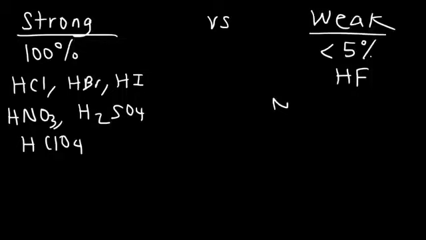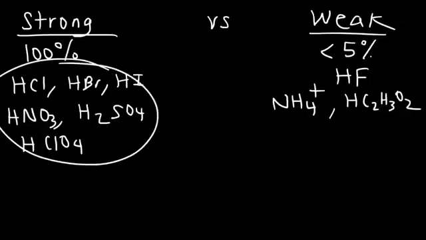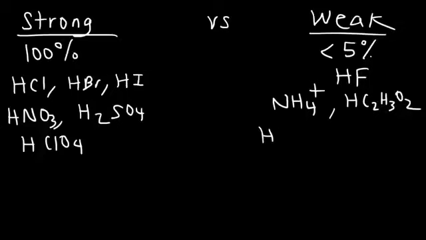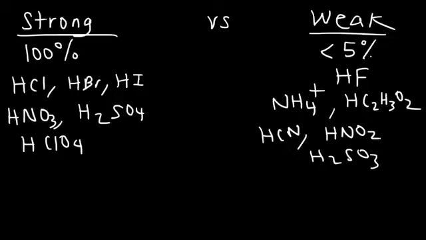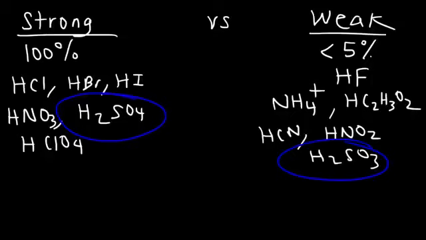Now, other weak acids include the ammonium ion, NH4+, acetic acid, and basically almost any acid that is not on this list. So like cyanic acid, nitrous acid, and sulfurous acid. Notice that sulfuric acid is stronger than sulfurous acid, and nitric acid is stronger than nitrous acid.